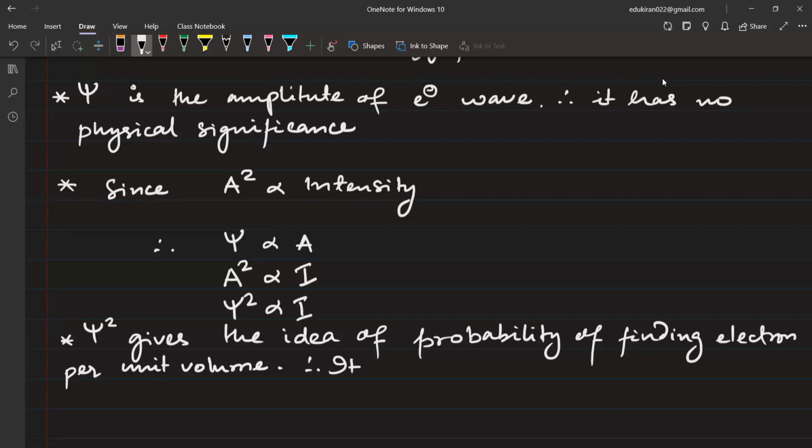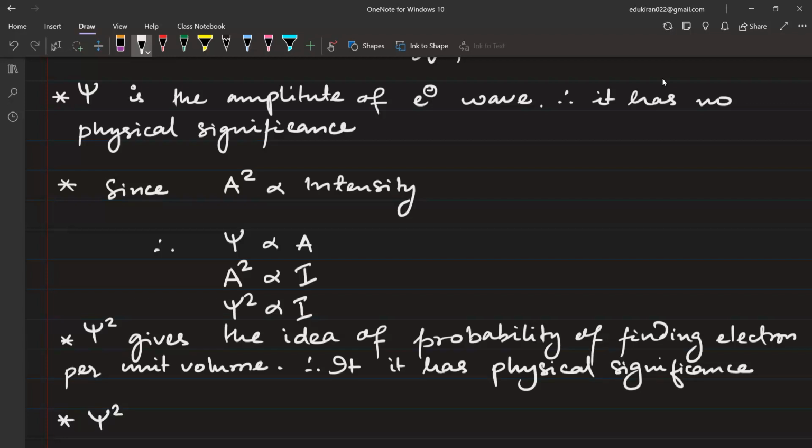Therefore, it has physical significance. Right, next. Psi square is AKA, that is, also known as probability density.